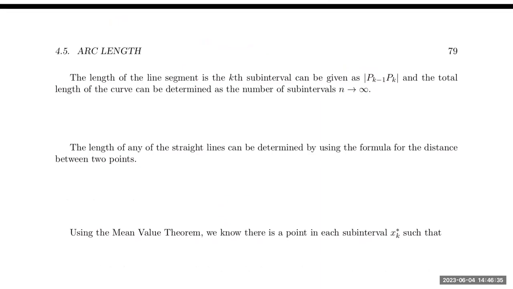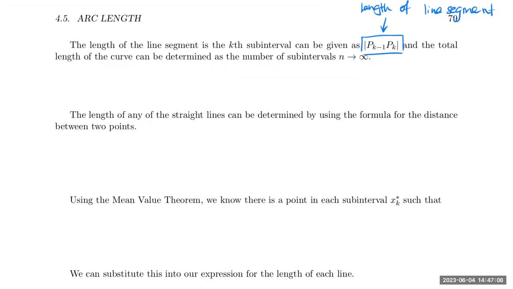So once again, the length of the line segment in the kth subinterval can be given as the distance between P(k-1) and Pk. So this length here is the length of the line segment. And so we could determine the total length by using Riemann sums as n approaches infinity.